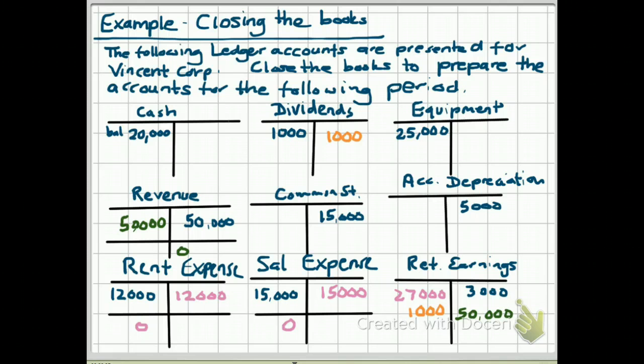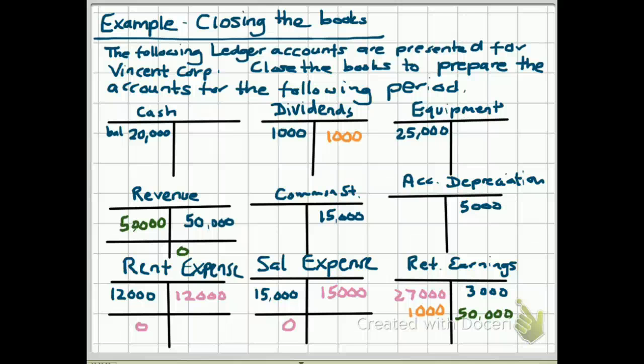Now we've closed out all our temporary accounts. All the remaining accounts that are shown here, cash, equipment, common stock, accumulated depreciation, and retained earnings, are all found on your balance sheet and they are permanent accounts. They do not get closed out. These balances get carried forward to the following accounting period.